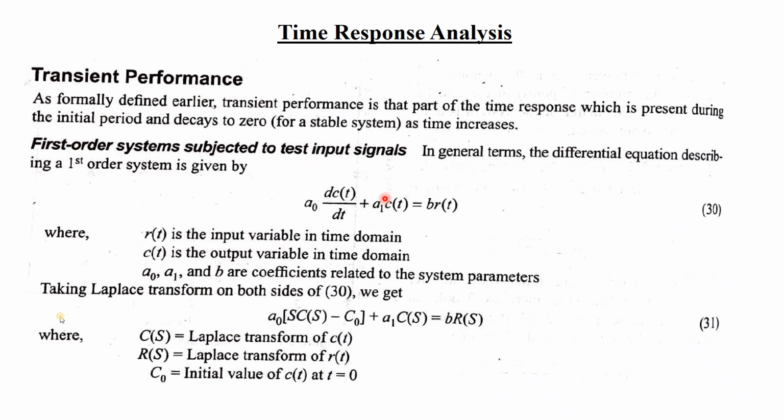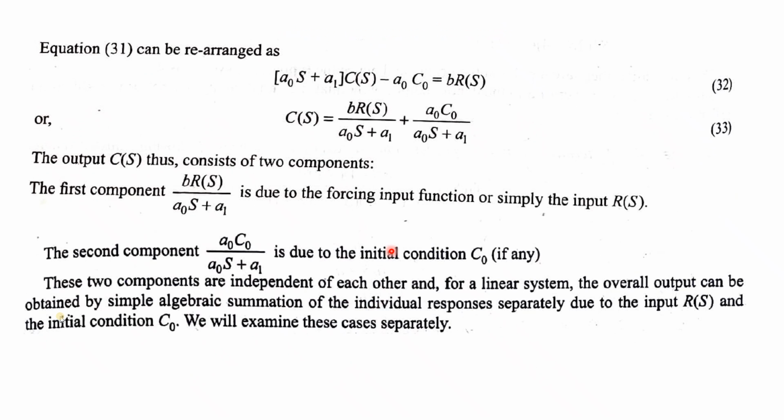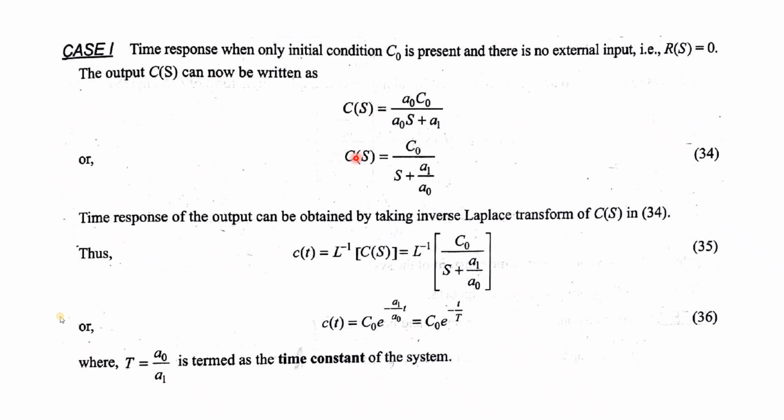Same thing over here also. The input is in time domain. The machine is operating in time. But whenever you want to see the response, you cannot directly see the response in time. It is very tedious, because if you want to solve this, suppose this is first order, still easy. Suppose it is a 50th order system, then you cannot solve it like that. For that, you have to convert into S domain.